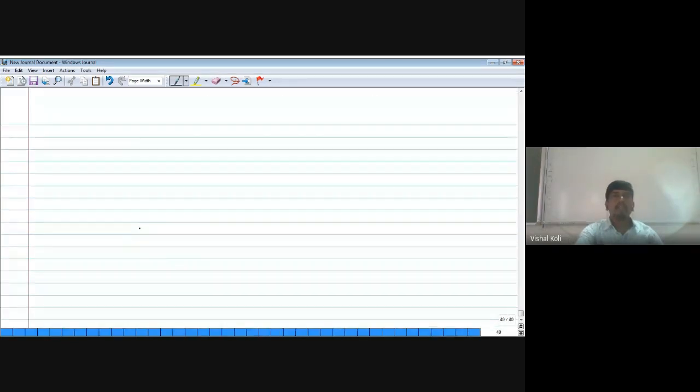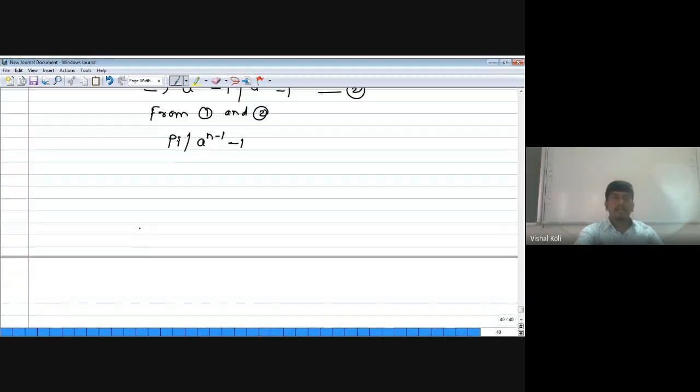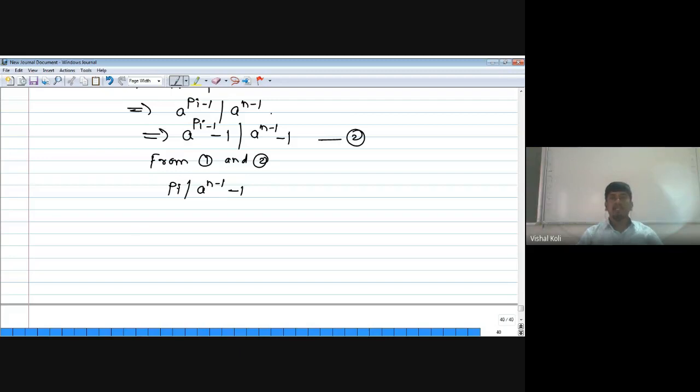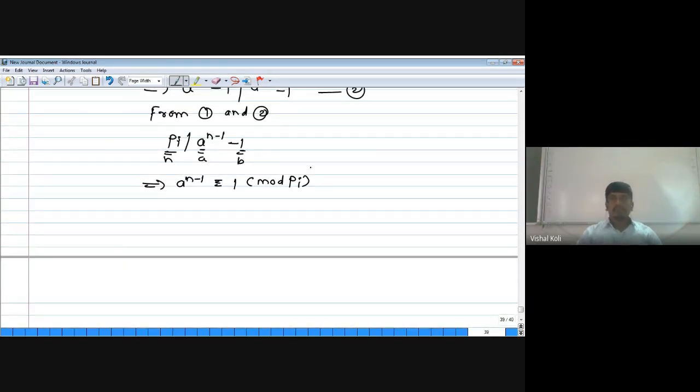Okay, now here n divides the difference of two integers a and b. That is, this one will be n, this one is a, and this one is b. Then by the definition of congruence, a to the power n minus 1 is congruent to 1 modulo p_i, for all i running from 1 to r.